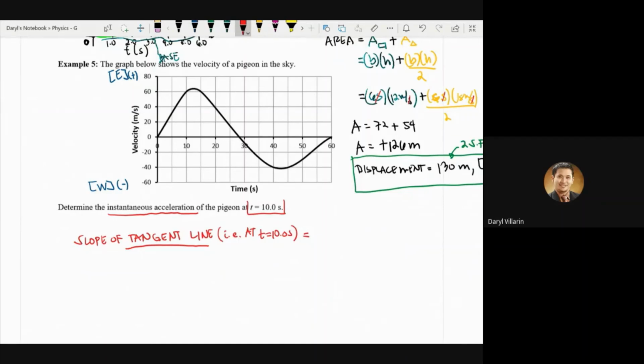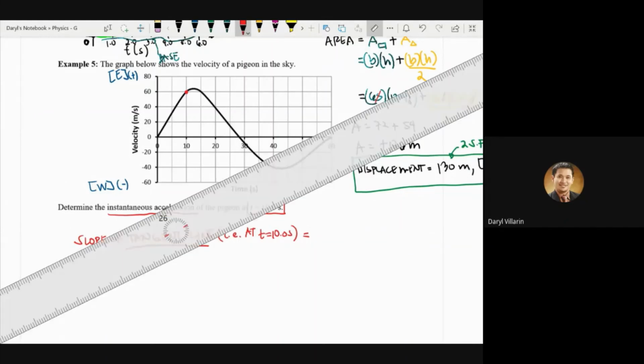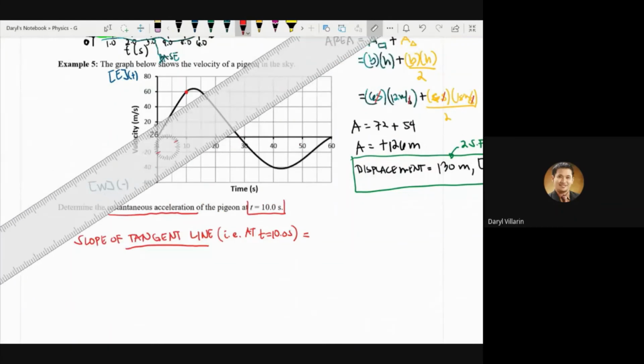So 10 seconds is somewhere here, which means we're going to get a tangent line at that particular point. Okay. So you use a ruler and create the tangent line.